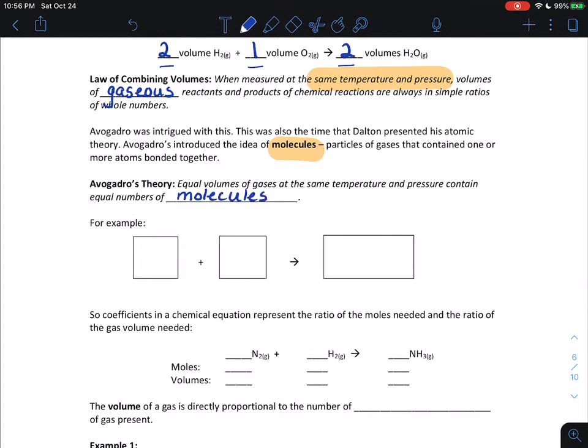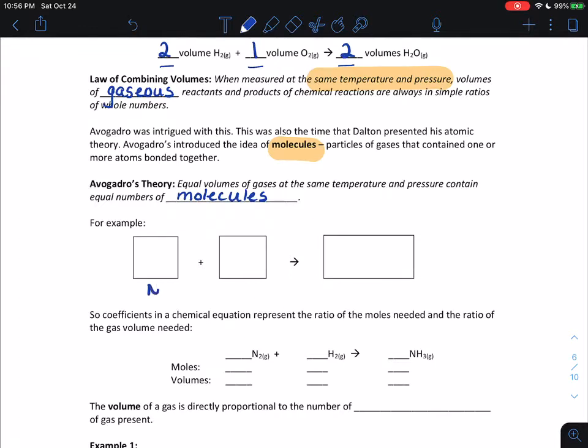So what does that mean? It means that it doesn't matter if it's oxygen gas or hydrogen gas or chlorine gas or methane gas. If it's at the same temperature and pressure and the same volume, it will have the same number of molecules in it. They won't weigh the same, but they'll have the same number of particles.